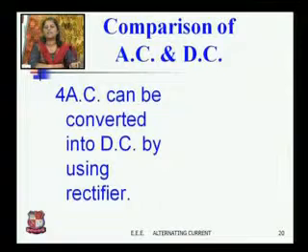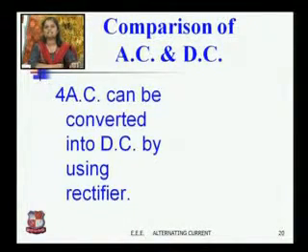Now as we know, an AC quantity will change with respect to time. Means the magnitude as well as the direction of the AC quantity will change with respect to time. When this AC passes through the diode, which will let the current flow only in one direction, your AC quantity is converted into a unidirectional quantity, which is known as DC.